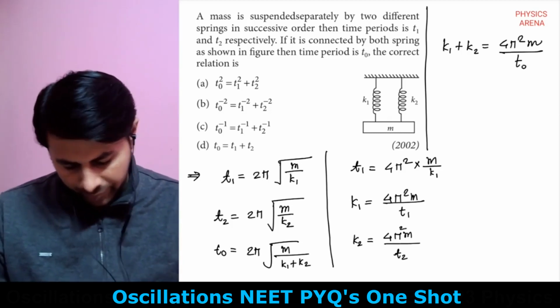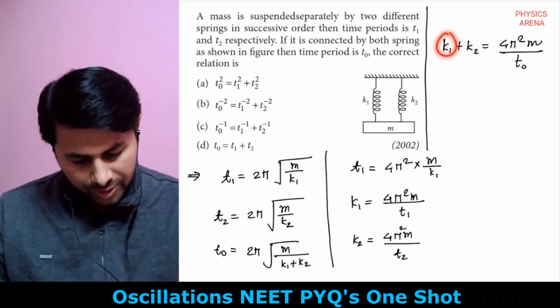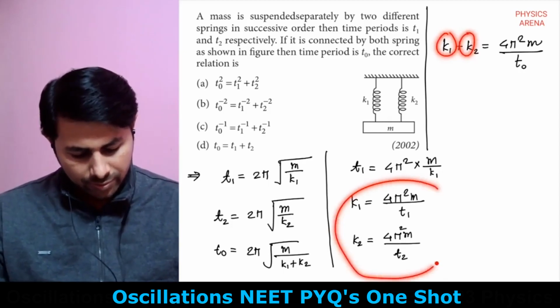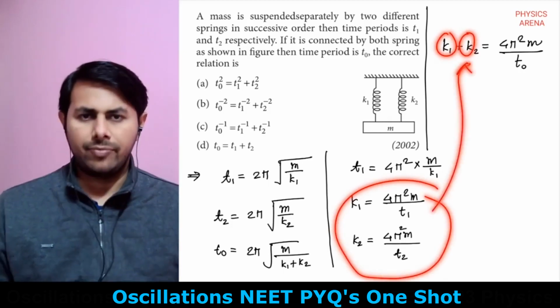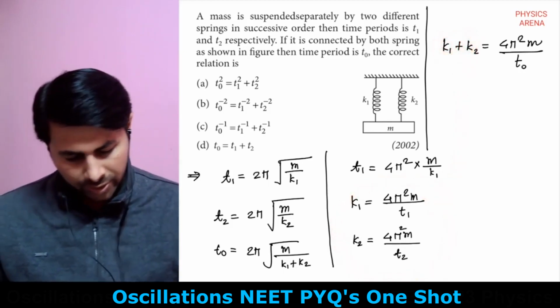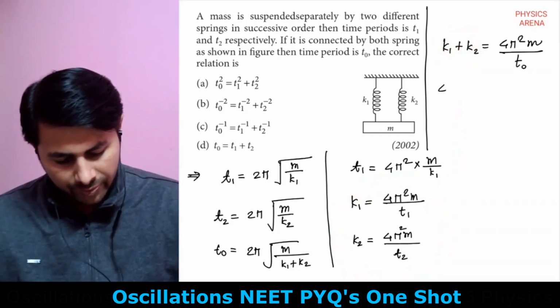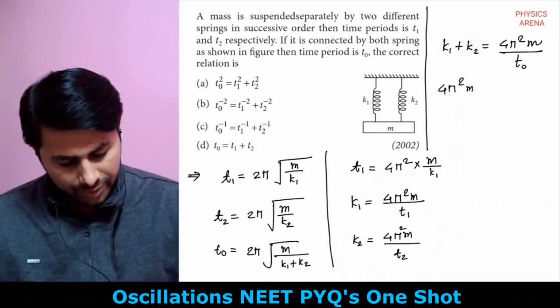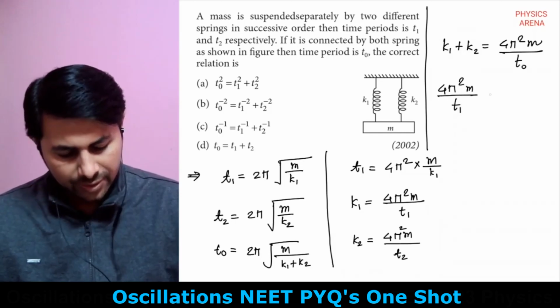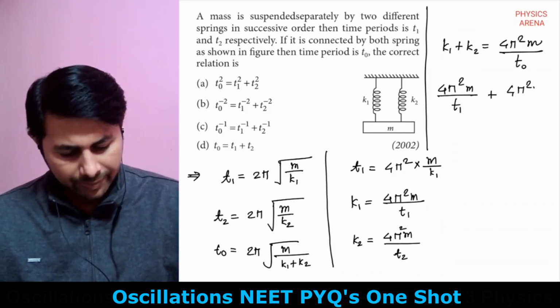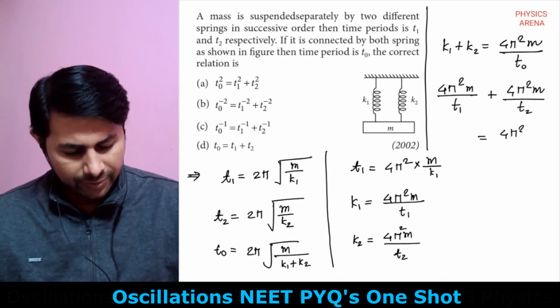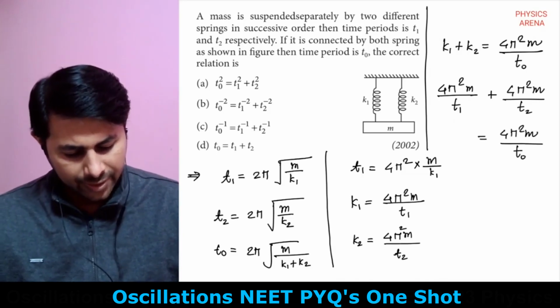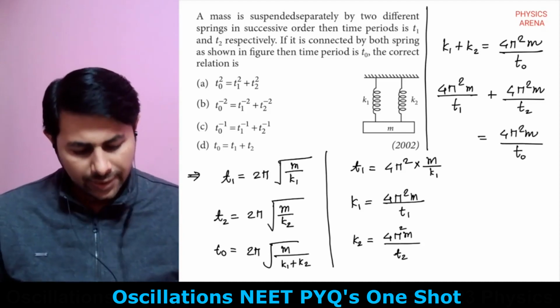You can substitute for K1 and K2 in this formula. So what do we get? We get 4 pi square m divided by T1 squared plus 4 pi square m upon T2 squared is equal to 4 pi square m divided by T naught squared, right?